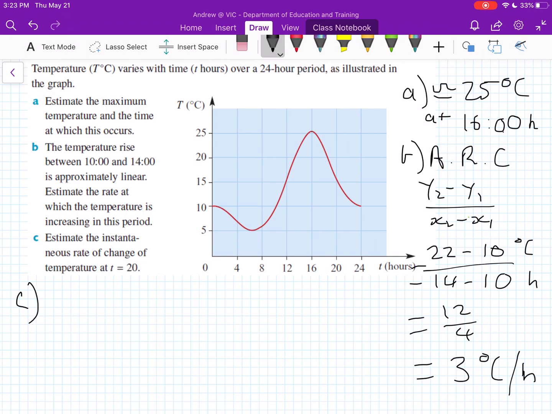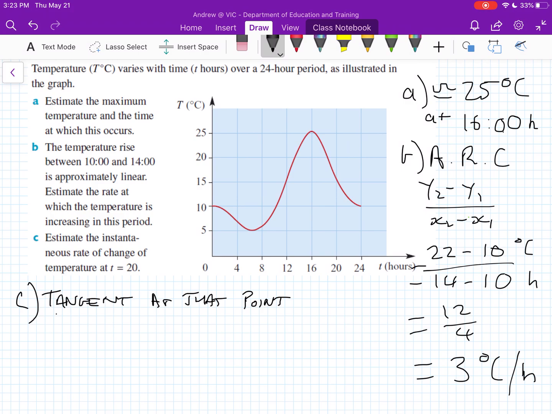Just remember that when you've got instantaneous rate of change, this is our tangent at that point. So you need to do the tangent at that point, and then you need to find the gradient of that tangent. Okay, so make sure you do that.